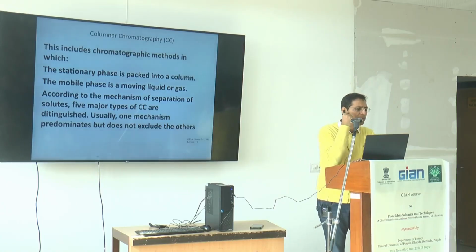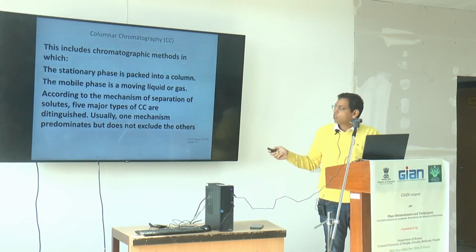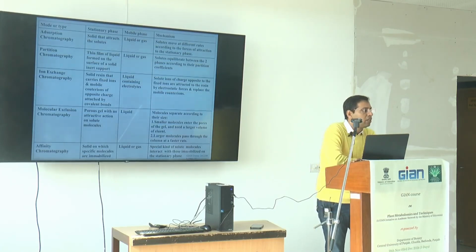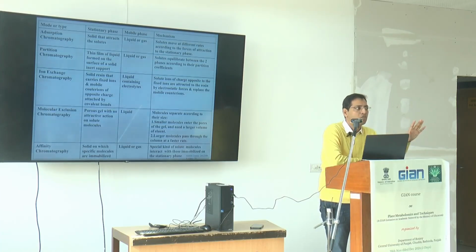According to this, the major types of column chromatography are distinguished from each other. Column chromatography is a medium in which you have to pack your stationary phase. On the basis of that, these are the different types of chromatography. They only came up when column chromatography came up, in which we use different stationary phases as well as different mobile phases, and they use different mechanisms also, remember.